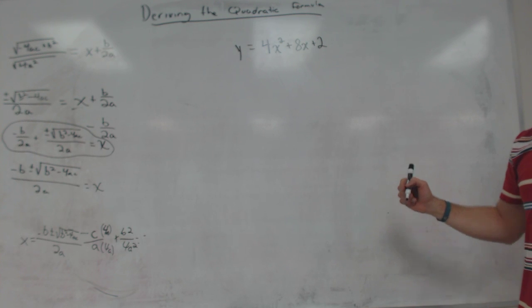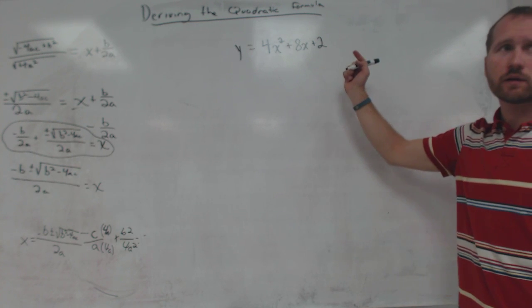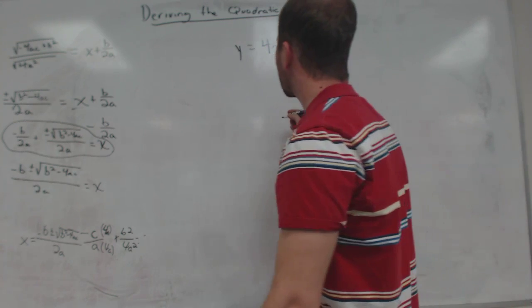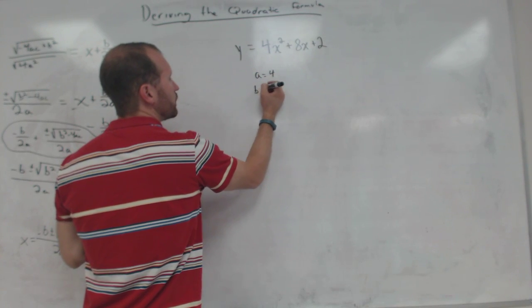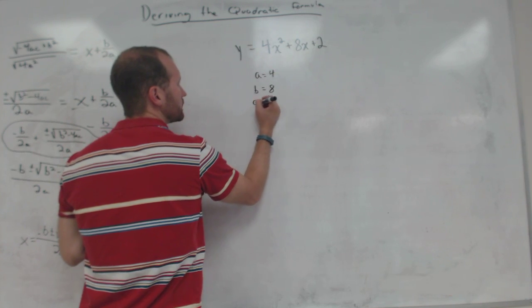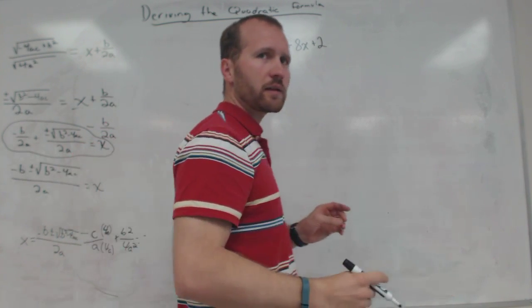And they say, find the zeros. This is all you have to do. A equals 4. B equals 8. C equals 2. You guys see where I got those numbers from?